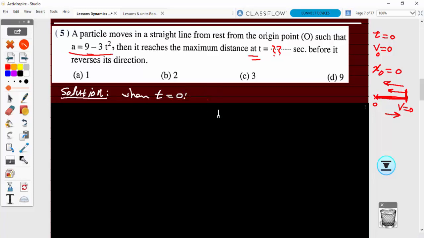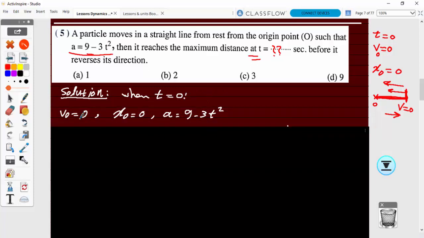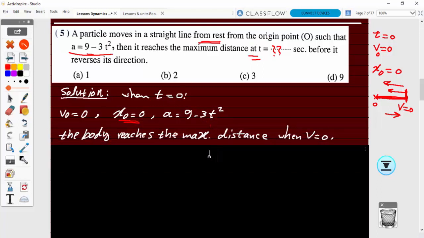When t equals 0, v naught equals 0, because they said start from rest, and x naught equals 0, because they said in the question that it starts from the origin. a equals 9 minus 3t squared. So the body reaches the maximum distance when v equals 0.